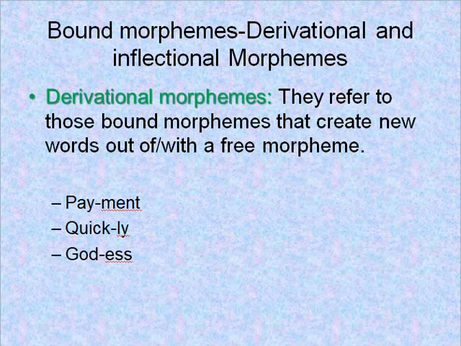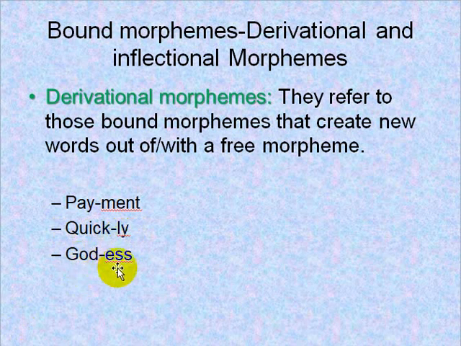Quick again is an adjective. Quickly is an adverb. So by adding the bound morpheme, which is ly, it'll be quickly. Again, the ly is a derivational morpheme, of course, which is bound.